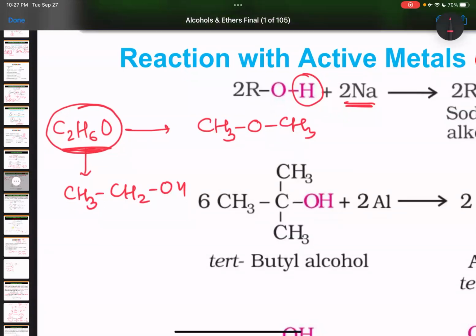So we will make it react with the metal, based on the compound. Very, very simple. You will put some pieces of sodium, and if it is an alcohol, your alcohol will react with the acidic hydrogen, and what you will get? Sodium alkoxide, and you will have liberation of hydrogen.